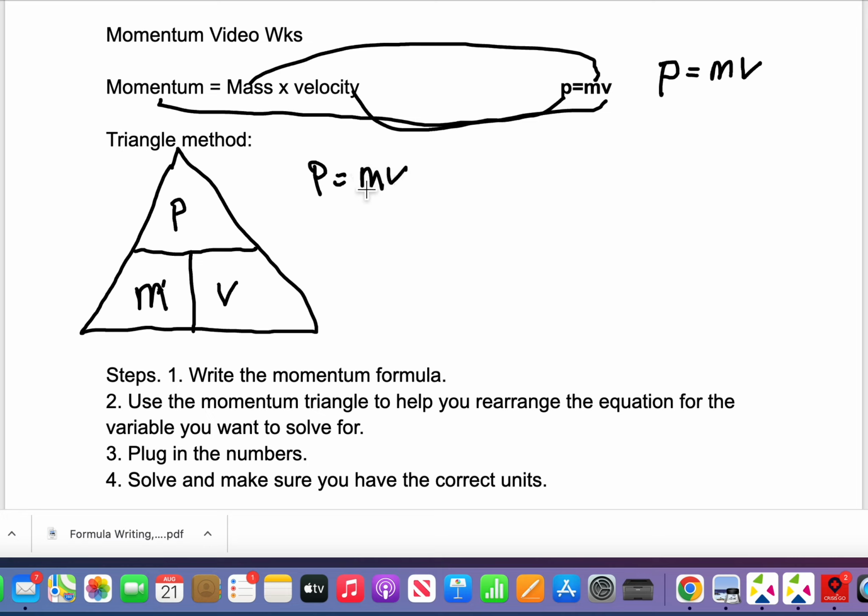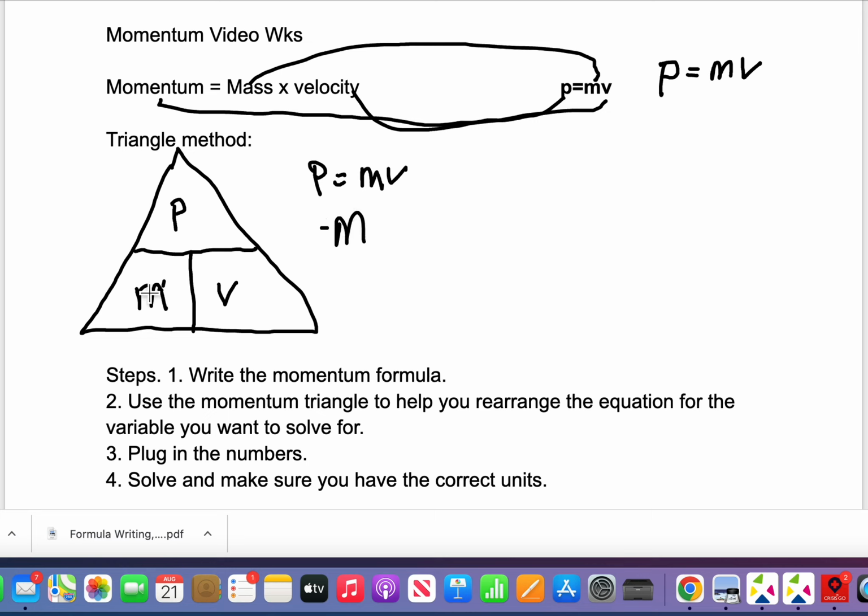Like I will say in class, take the one that you're looking for. Let's say we're looking for mass. If you cover up M, what's mass equal to?